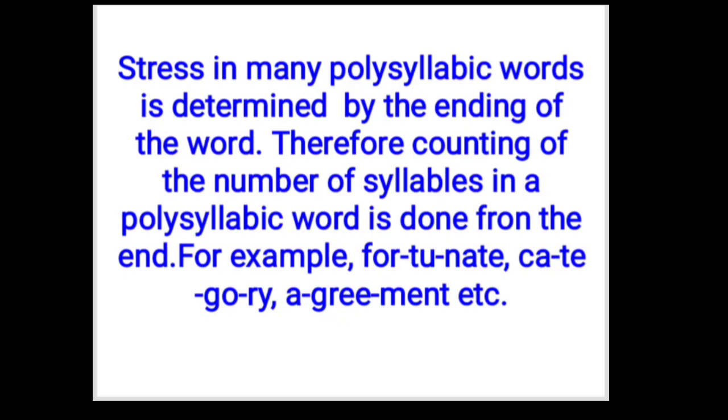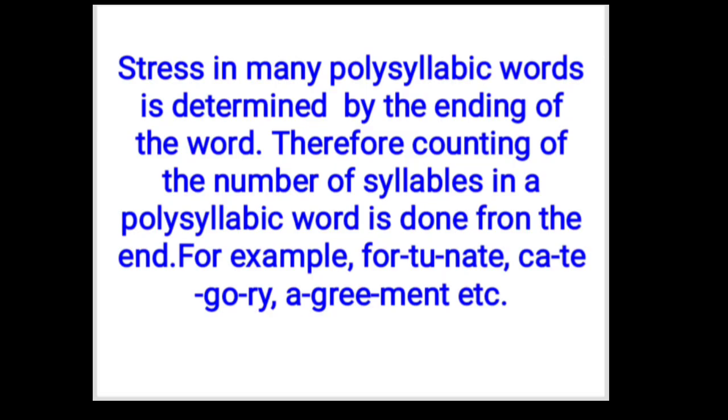So RY is the first syllable, GO is the second syllable, TE is the third syllable, then CA is the fourth syllable, counting from the right. Then agreement: MENT is the first syllable, GREE is the second syllable, while A is the third syllable.